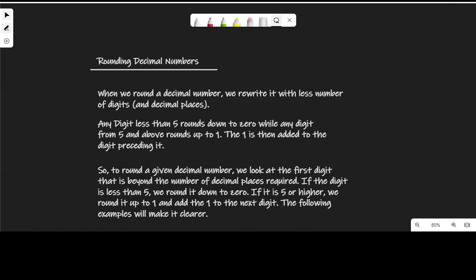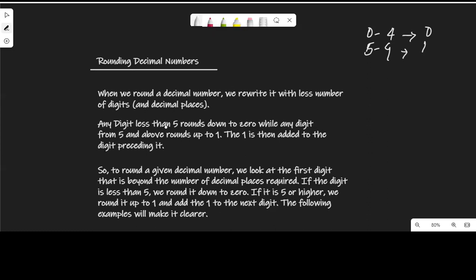And recall from our previous class, we said that any digit between 0 and 4, we usually round to 0, while digits from 5 to 9, we round to 1. So when we round a decimal number, we write it with fewer digits or fewer decimal places.